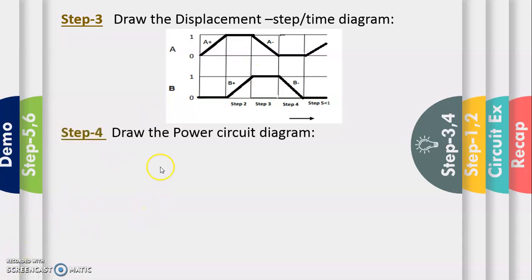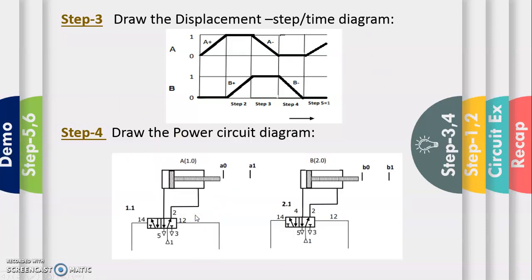So once you understand the displacement step diagram, we go directly to the power circuit diagram. For the power circuit diagram, first you have to check how many actuators you are going to select. In our application we are going to select 2 cylinders, and the cylinder actuation will be controlled by one DCV valve, and the input will be a compressor.